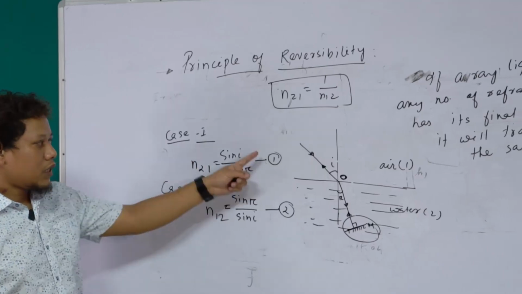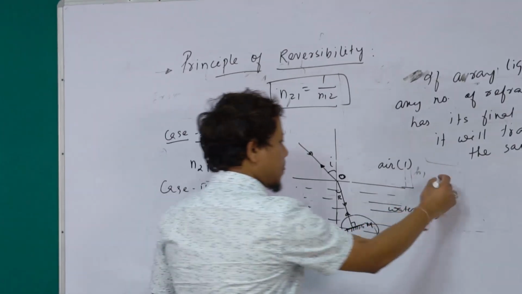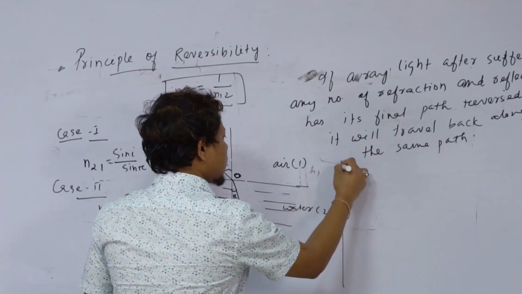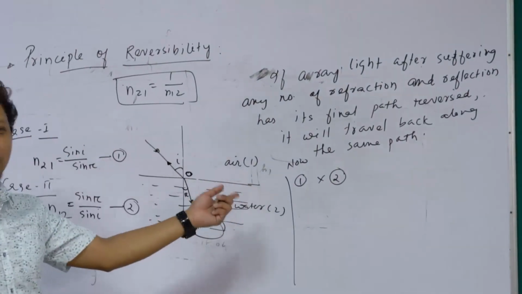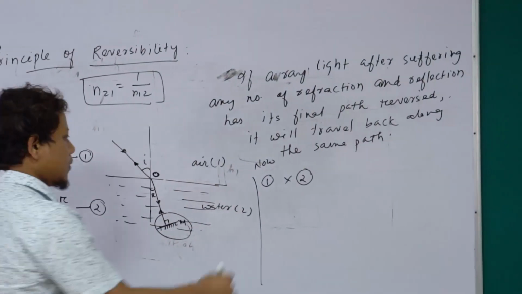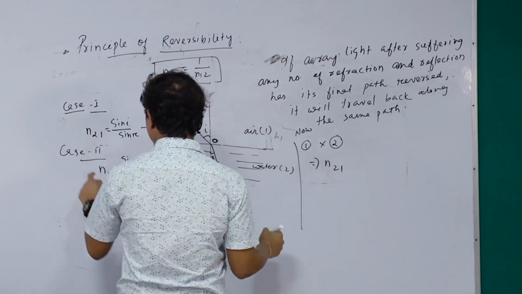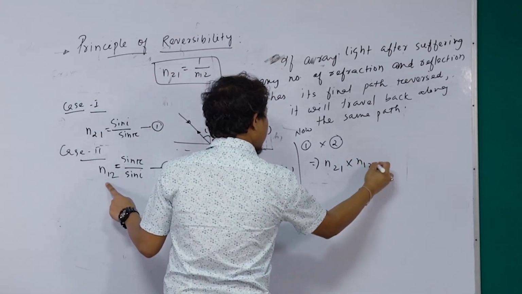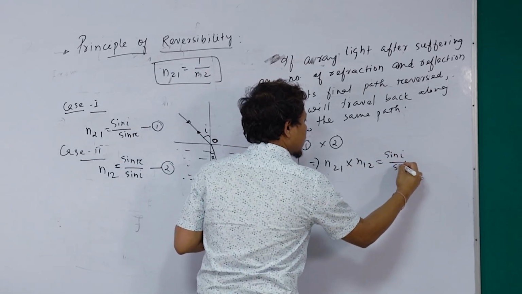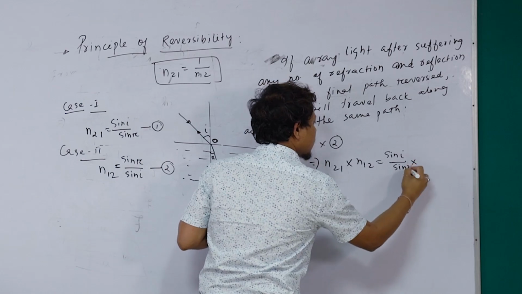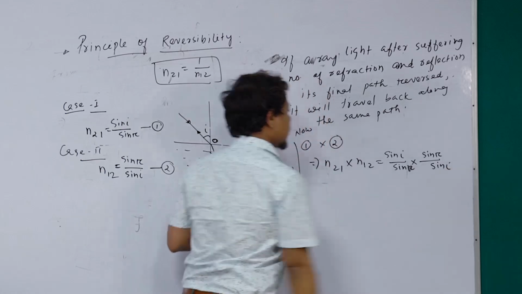So now multiplying equation number 1 by equation number 2. Okay. So here, on the left side, N21 into N12 equals, on the right side, sin I by sin R into sin R by sin I. Okay.